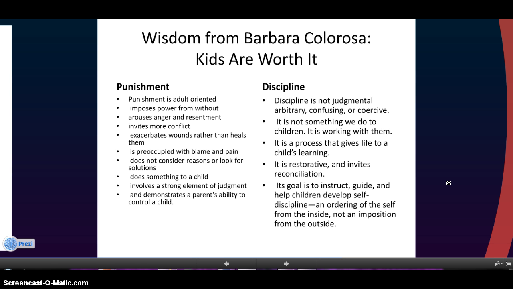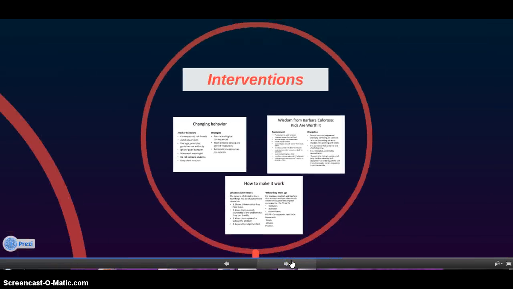It imposes something on a child. It's based on judgment. Discipline is not judgmental, arbitrary, confusing, or coercive. It's not something we do to children, it's something we do with them. It's a process that teaches the child to learn. It's restorative, it invites reconciliation, and its goal is to guide and help children develop self-discipline.